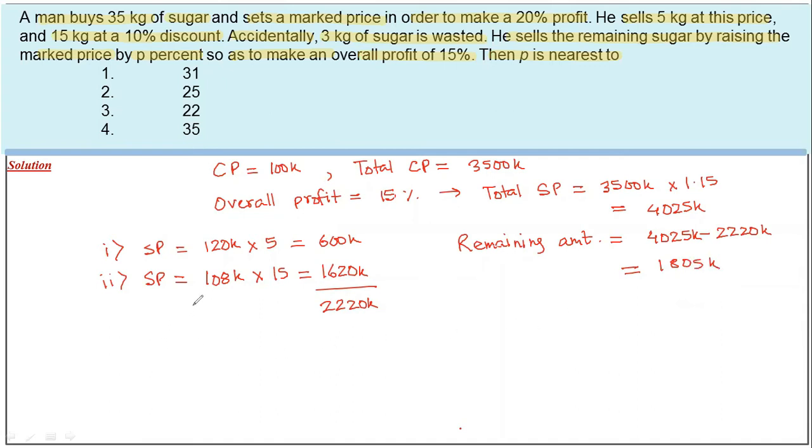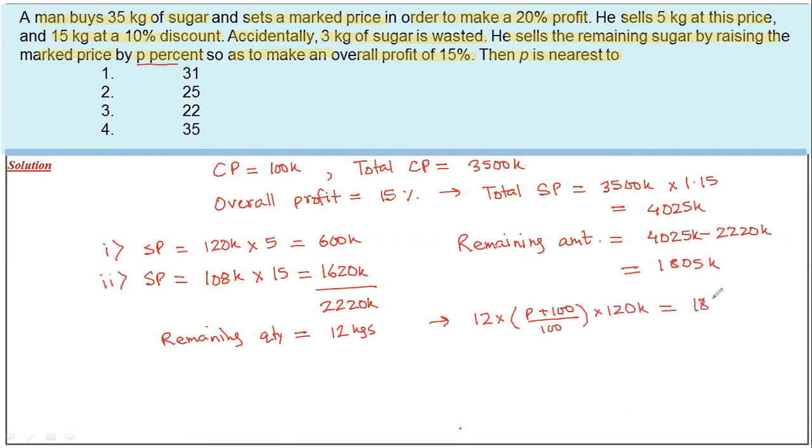Now 3 kg of sugar is wasted, so the remaining quantity is 12 kgs, and since this is sold at p% above the marked price, it will be 12 into p plus 100 by 100 into 120k.